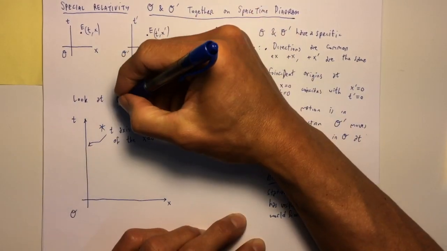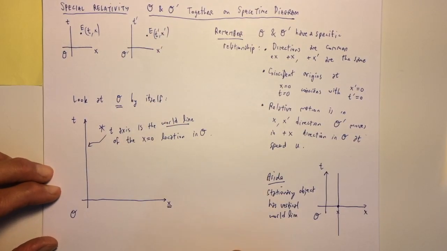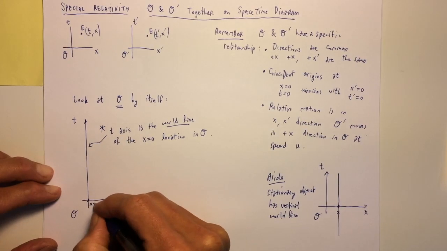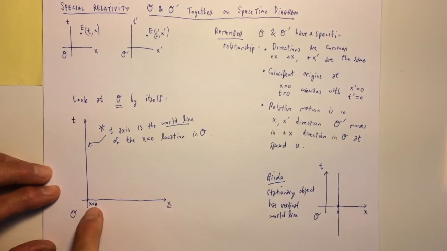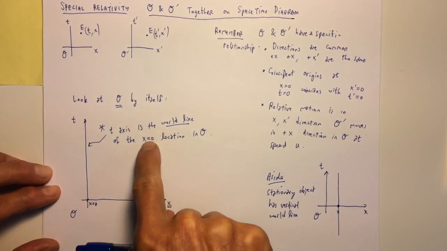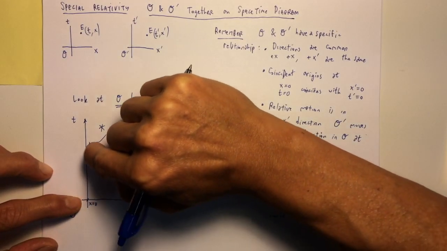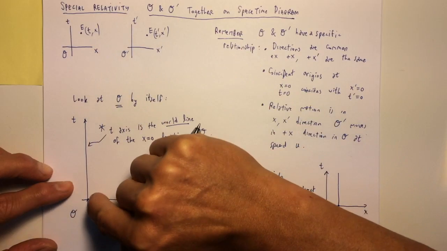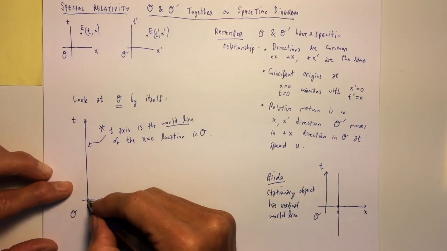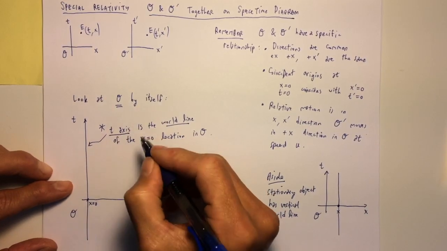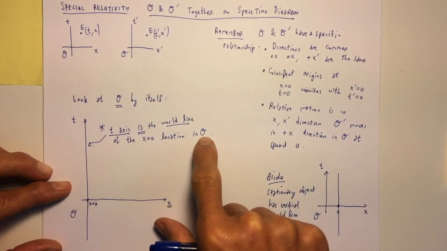So if we look at O by itself, in O, there is a position on the x-axis called x equals 0, and in O, that position stands still. So that location has a world line that just extends into the future as a vertical line upwards and came from the past from below with a vertical line, right? So the t-axis is the world line of the x equals 0 location in O.